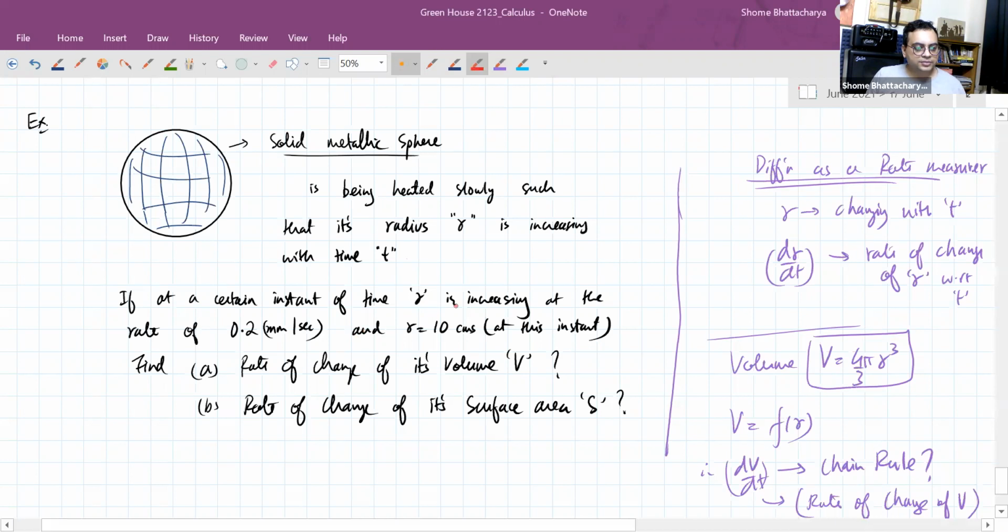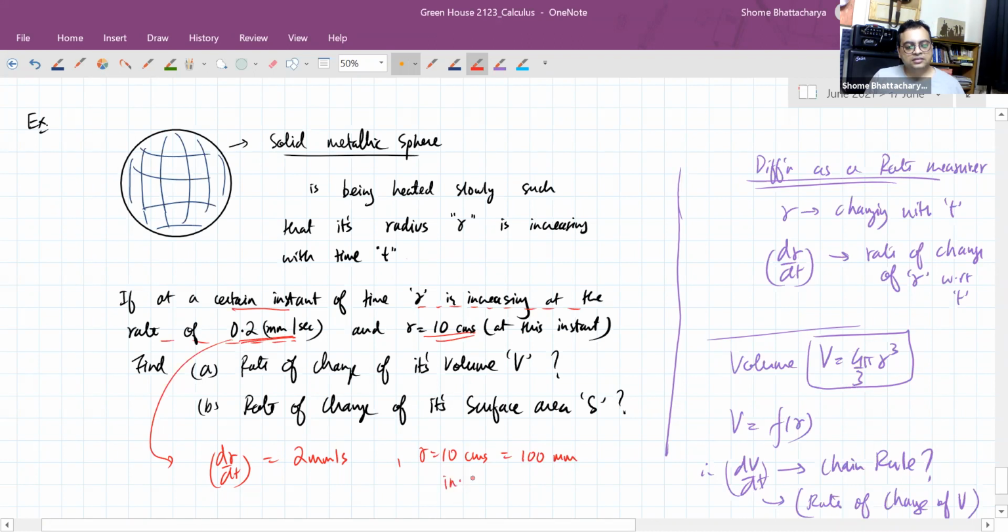Okay, so let's first interpret what this means, that at a certain instant of time, r is increasing at the rate of 0.2 millimeters per second. So what this statement means is that dr by dt is equal to 0.2 millimeters per second, the rate at which the radius is increasing. And at that moment the value of radius is 10 centimeters, or we can write that as 100 millimeters.